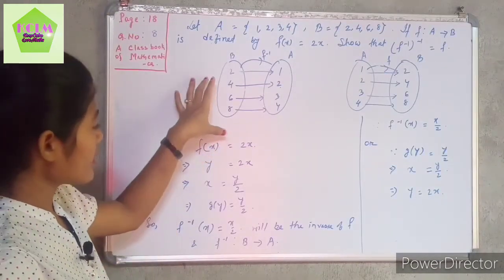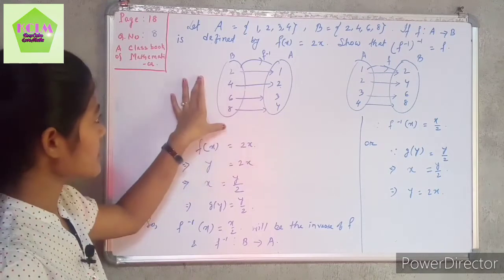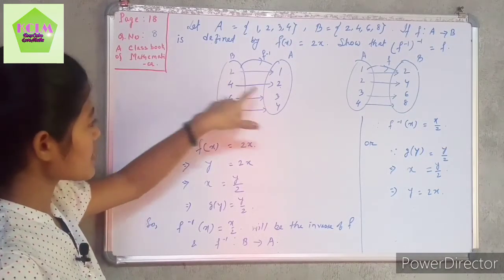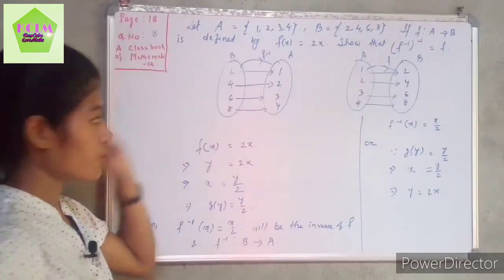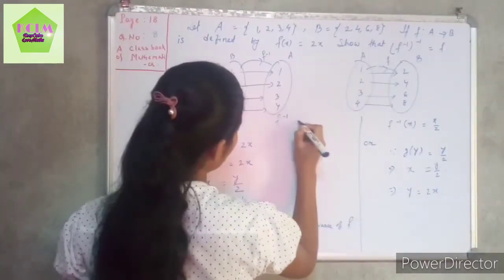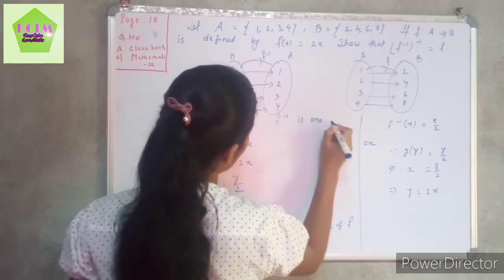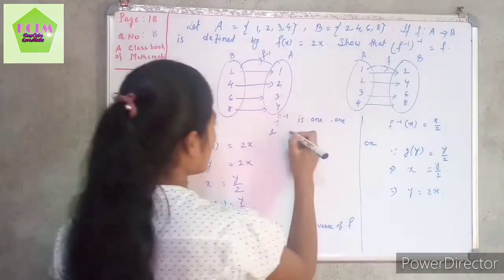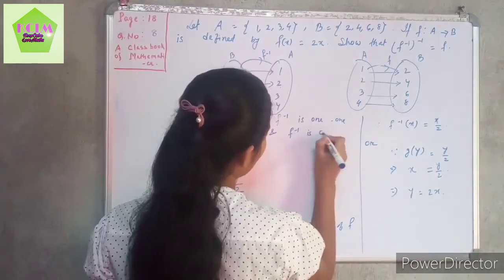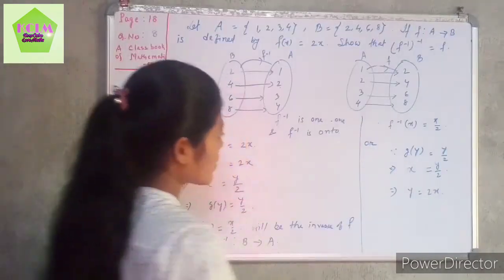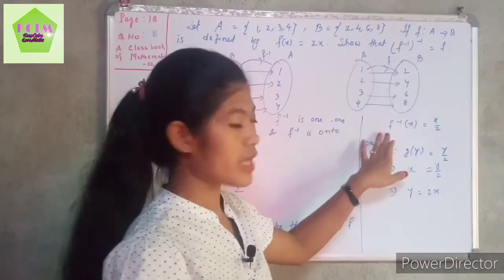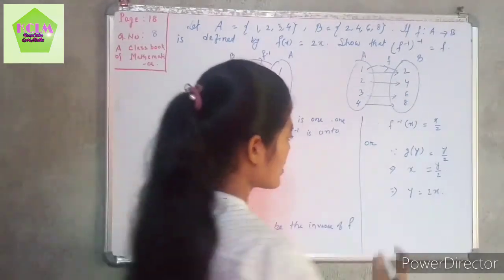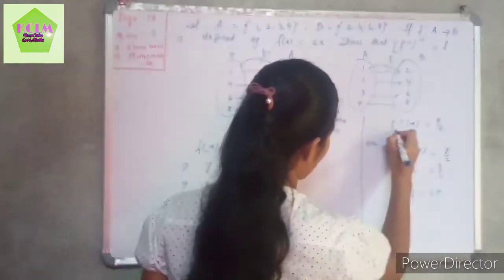And again, from this figure, it is very clear that the elements of B, 2, 4, 6, and 8, have distinct images in A. So this is one-one, as well as this is onto also. Since the function f inverse is one-one as well as onto, and we have found y equal f of x, this will be the inverse of this f inverse.